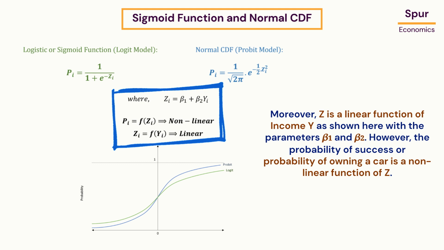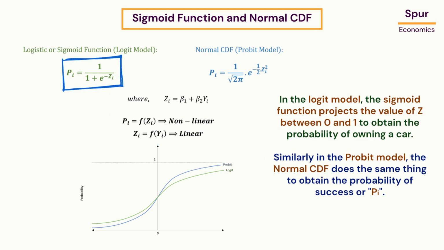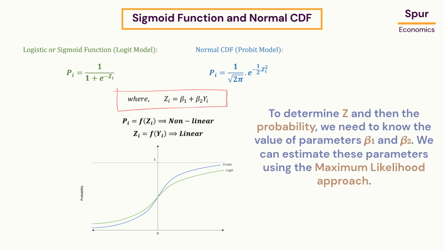However, the probability of success or probability of owning a car is a nonlinear function of Z. In the Logit model, the sigmoid function projects the value of Z between 0 and 1 to obtain the probability of owning a car. Similarly, in the Probit model, the normal CDF does the same thing to obtain the probability of success. To determine Z and then the probability, we need to know the value of parameters beta1 and beta2.